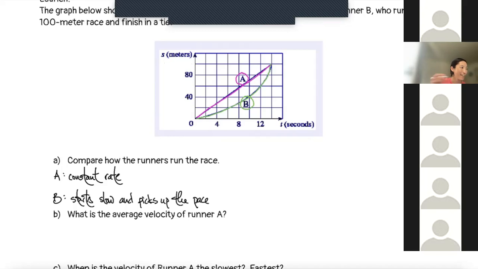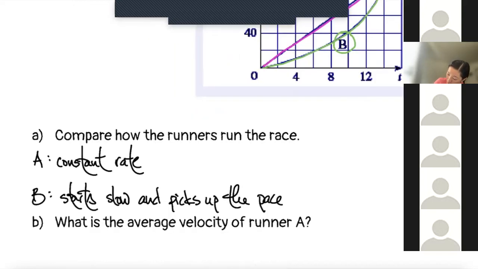So that constant rate, maybe another way we could say that is that runner A is running at a constant speed. Maybe constant speed might be another way to frame how runner A is running.